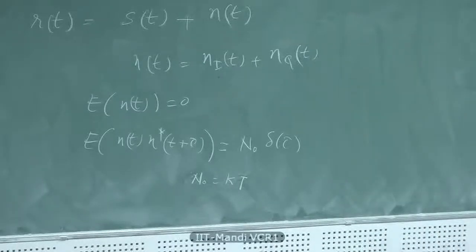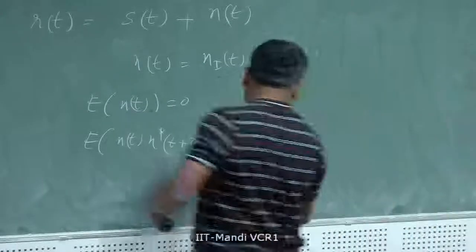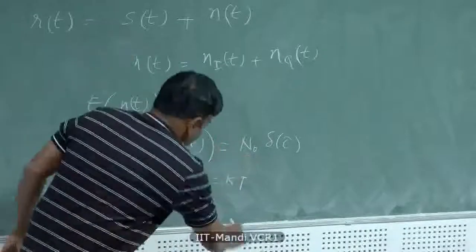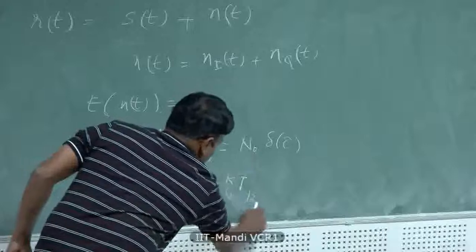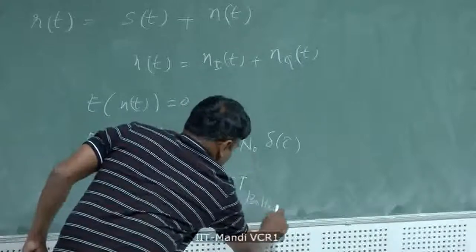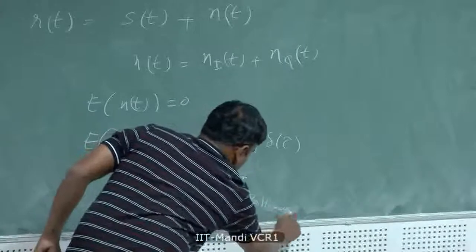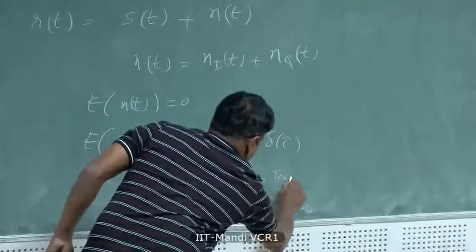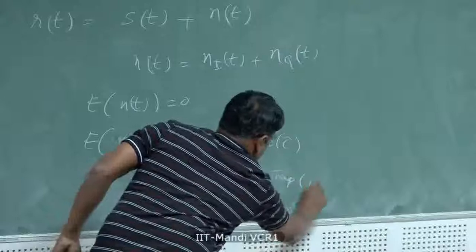You know that, right? This is the Boltzmann constant. Of course, there is no bandwidth here because we have not filtered this signal as yet.